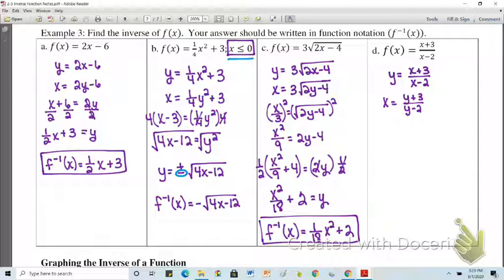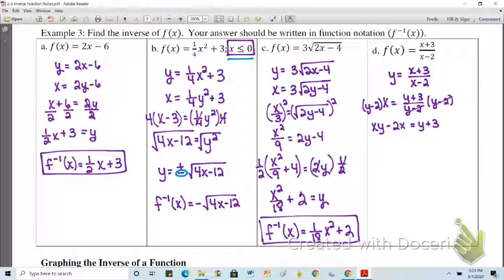First things first, I can't have a variable in the denominator, so I'm going to multiply both sides by y minus 2. Those cancel, and I'm going to distribute the x. So I get xy minus 2x equals y plus 3.